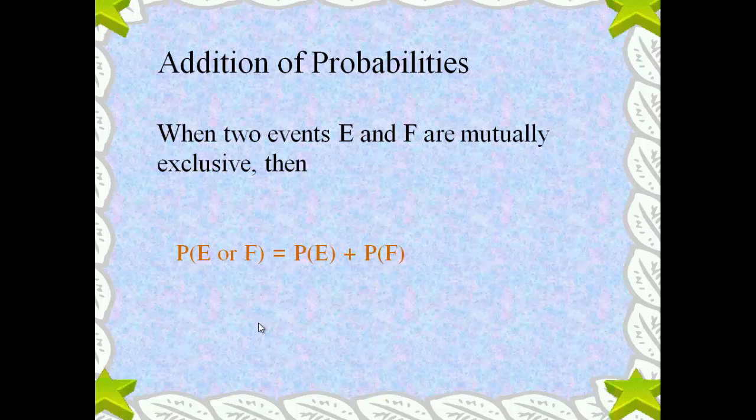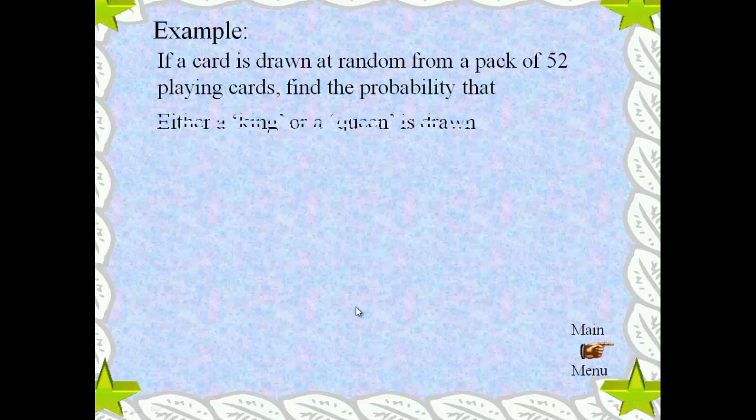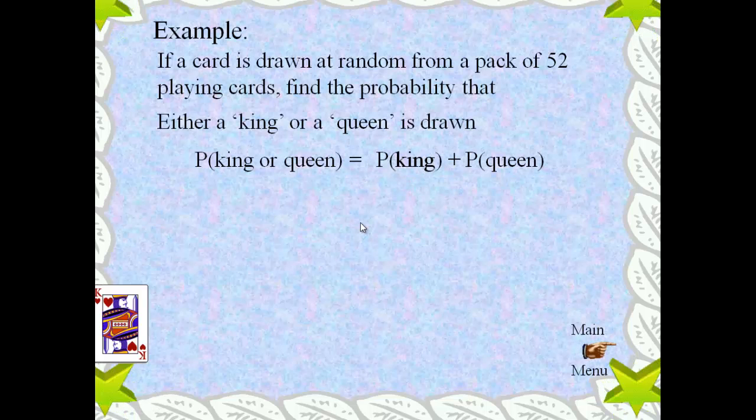If 2 events are mutually exclusive, then the probability of getting one or the other is the probability of the first one plus the probability of the second one. So for example, if a card's drawn at random from a pack of 52 cards, then the probability of getting either a king or a queen is the probability of getting a king plus the probability of getting a queen.